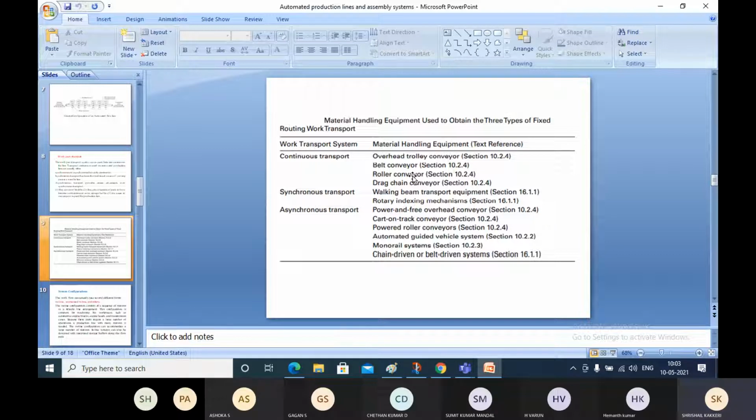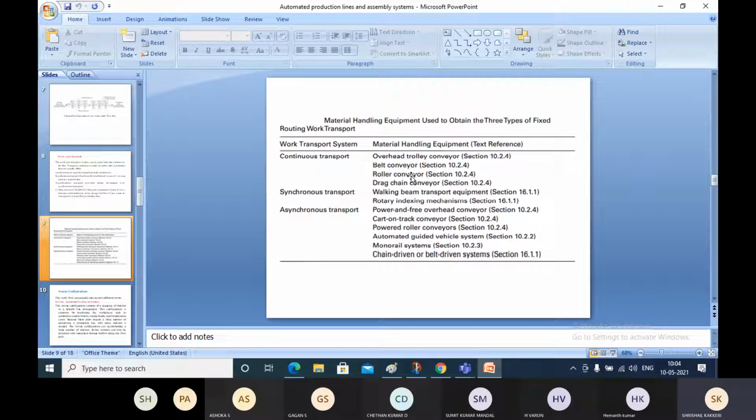And asynchronous: power and free overhead conveyors, cart and track conveyors, powered roller conveyors, automated guided vehicles, monorail systems, and chain drives. All these will be coming under asynchronous transport. As the name indicates, asynchronous indicates there is no synchronized mechanism between the work part transport systems and the workstations.